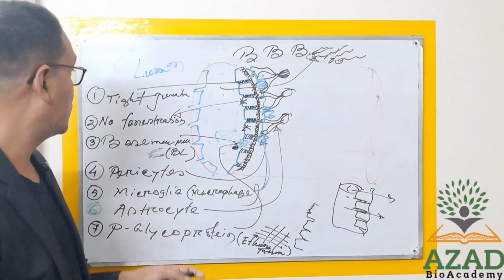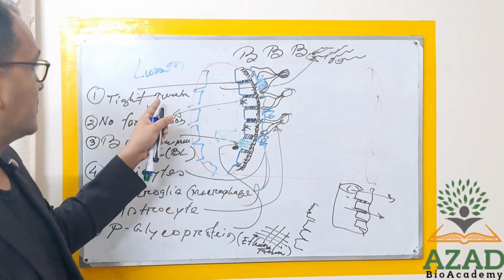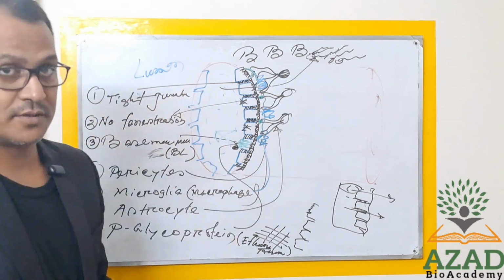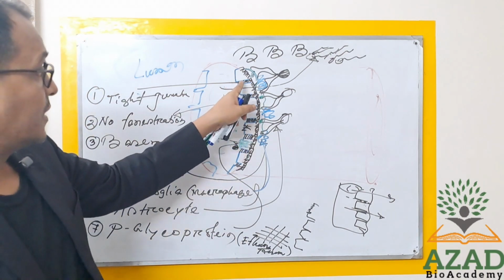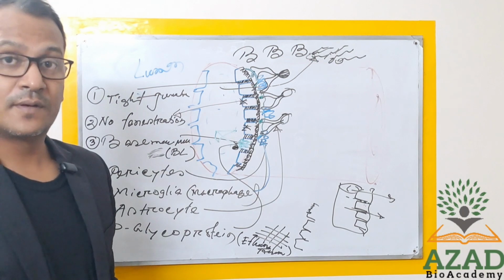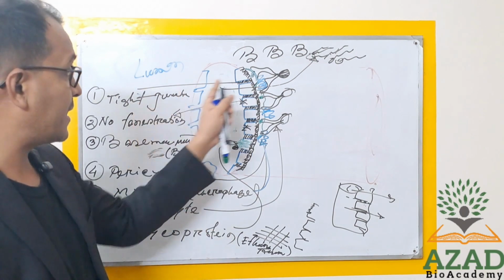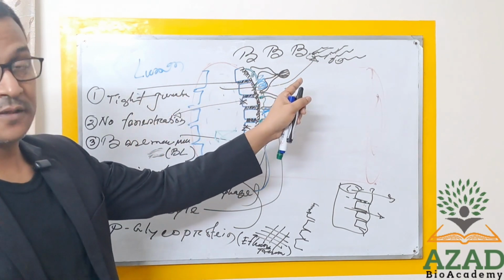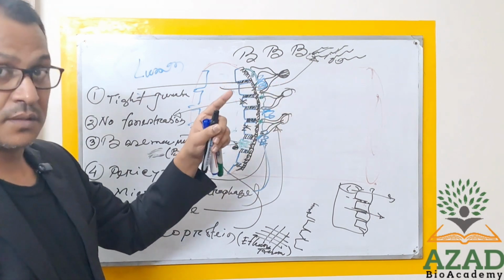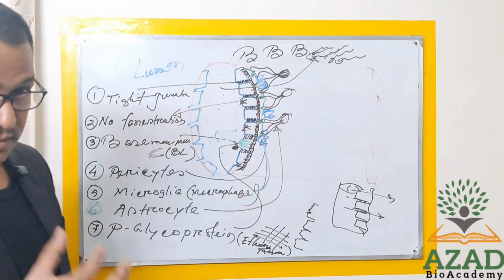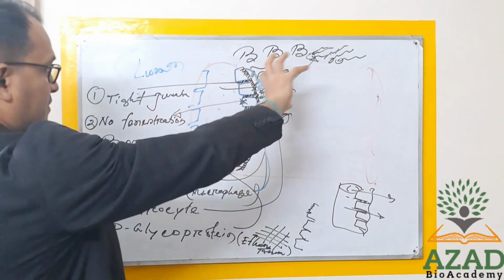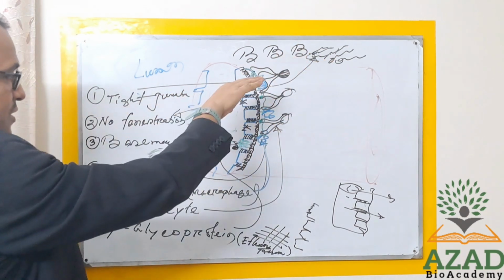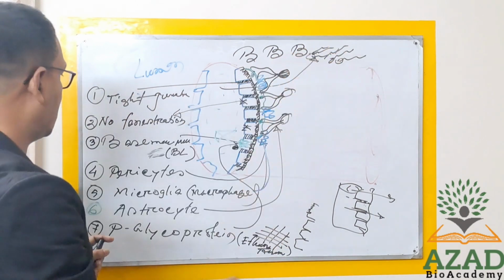The tight junction, made up of complex protein, is present within the endothelial gap, so it prevents paracellular transportation. Although some substances can pass, I will discuss that later. And there is no fenestration, that means no special pores through which any substance can pass easily.